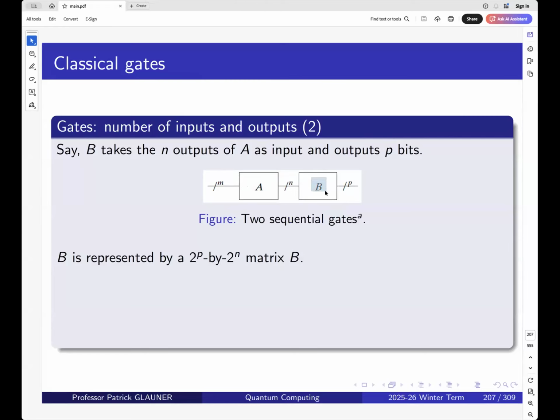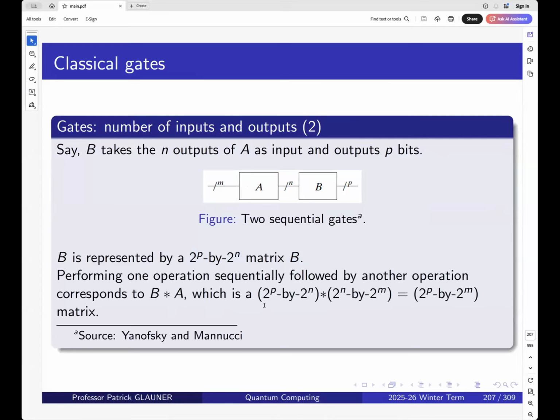And then we have a second operation, B, which has n many inputs and p many outputs. So the second matrix, B, would be represented by 2 to the p many rows and 2 to the n many columns, because these are the outputs and these are the inputs.